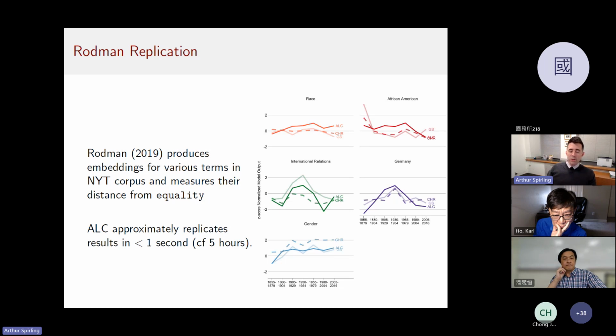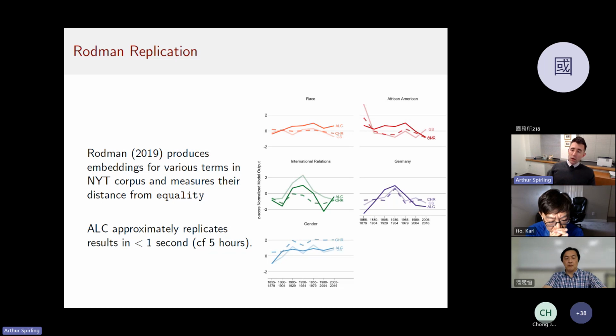And she's using this to talk about the idea that the particular context in which gender is discussed in US news is changing over time. So maybe it's become more about gender equality than it was historically, or rather, to the extent that gender is discussed, maybe it's more connected to equality than it was historically.